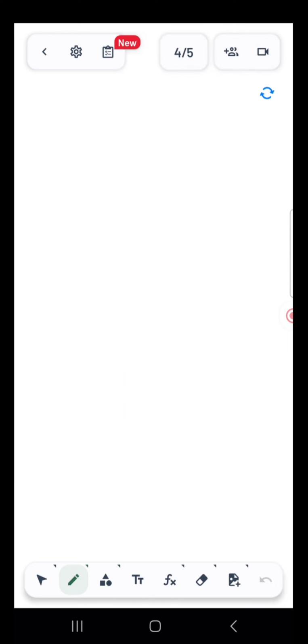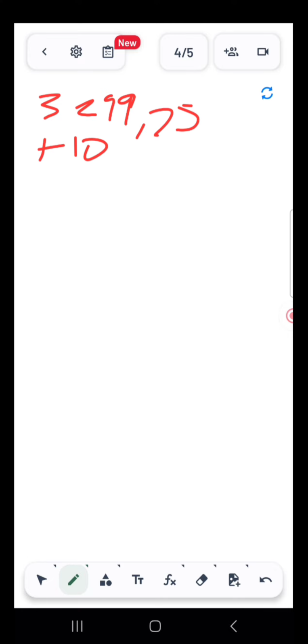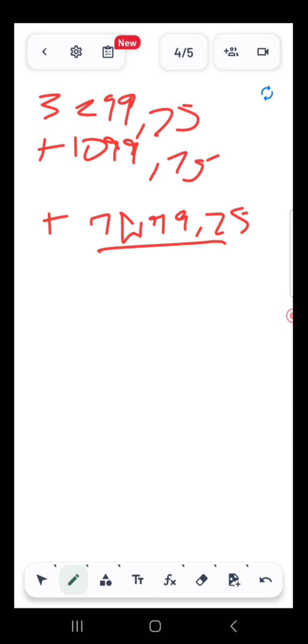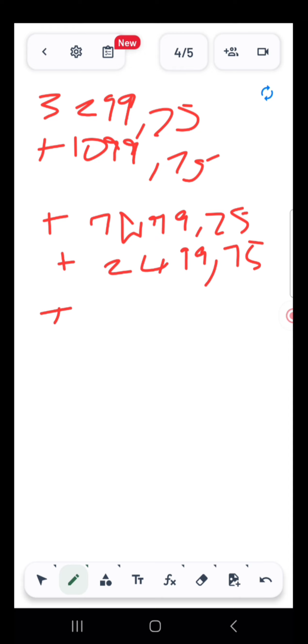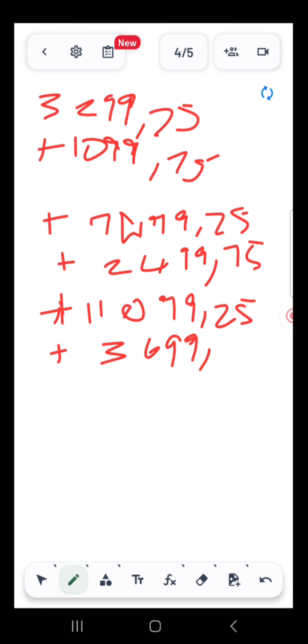Okay, so our total income is for the first phone 3299.25 plus 1099.75, cost price plus profit, plus cost price plus profit, 7499.25 plus 2499.75 plus 11099.25 plus 3699.75.